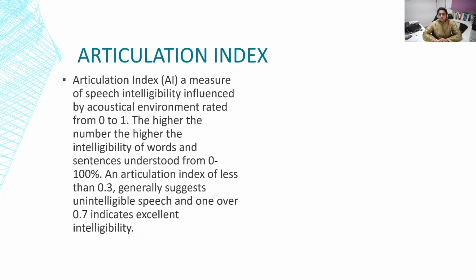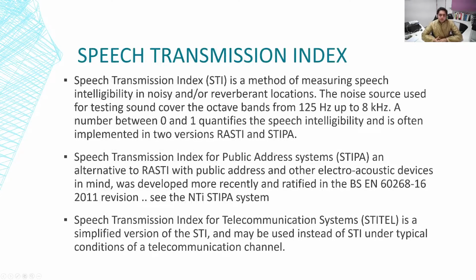An articulation index of less than 0.3 means the speech intelligibility is almost non-existent or very poor. An articulation index of more than 0.7 means there is good speech intelligibility in that space. The second most common parameter used to measure speech intelligibility is the speech transmission index.